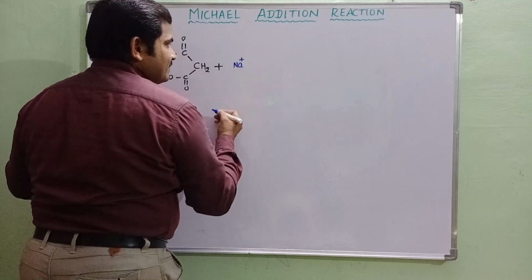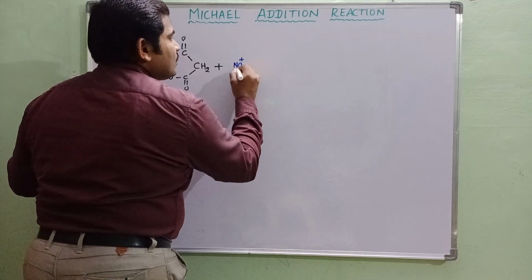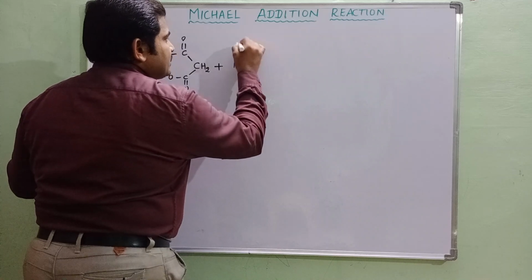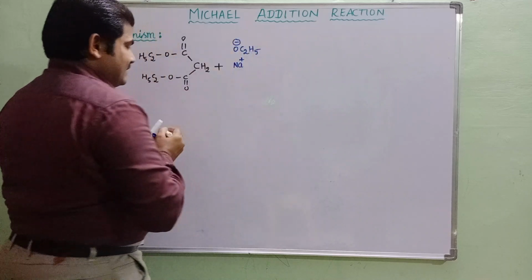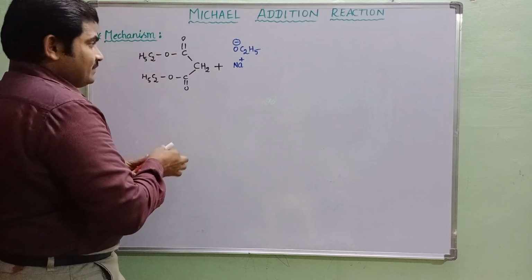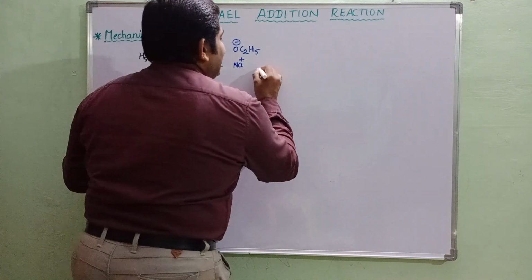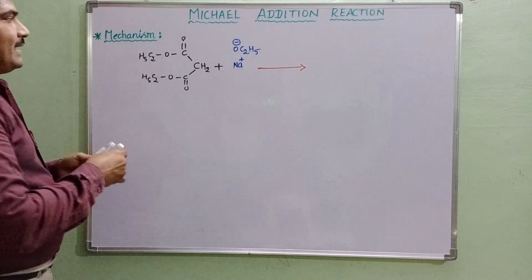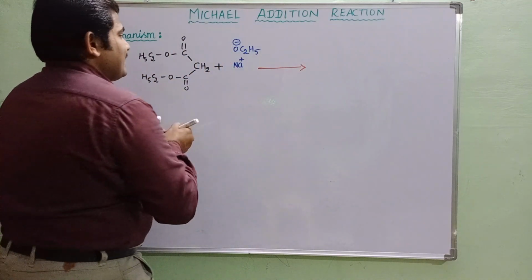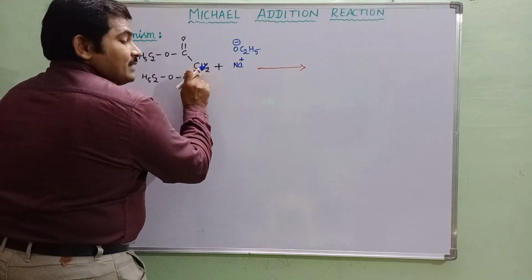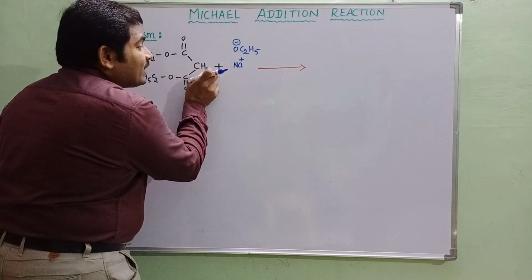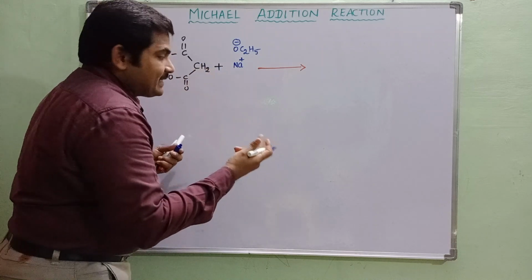Na+ and OC2H5-, to yield... It is an alpha carbon atom containing alpha hydrogens, highly acidic in nature.